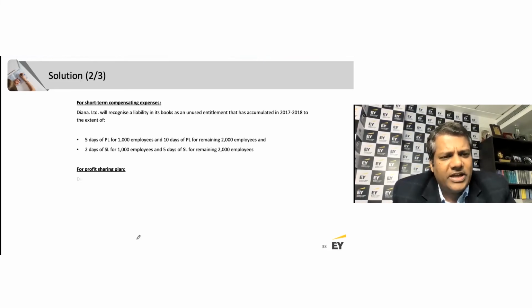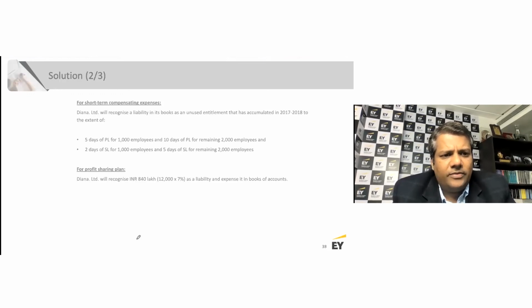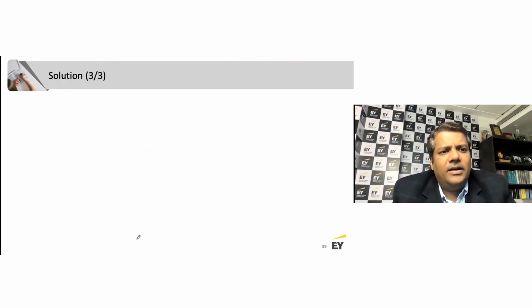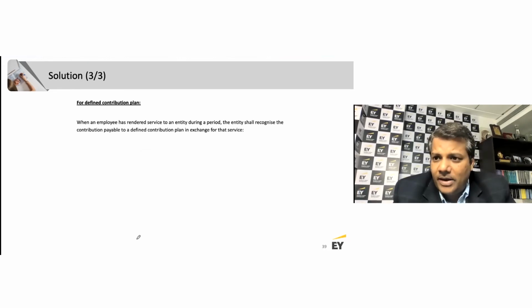For the profit sharing plan, it is simply 12,000 into 7%, which is 840 lakhs, and that is what we will record. For the defined contribution plan, we had to pay 500, whereas we've only paid 120.